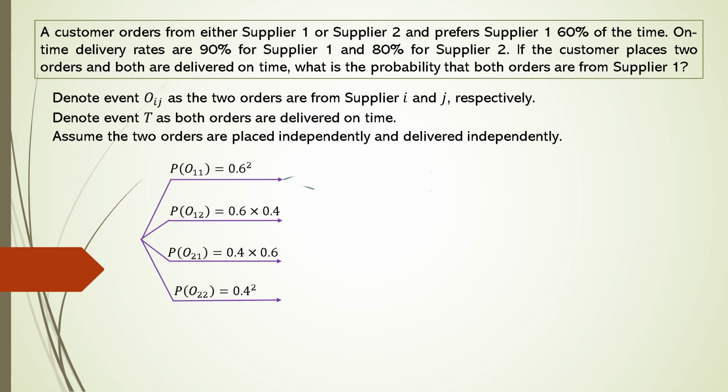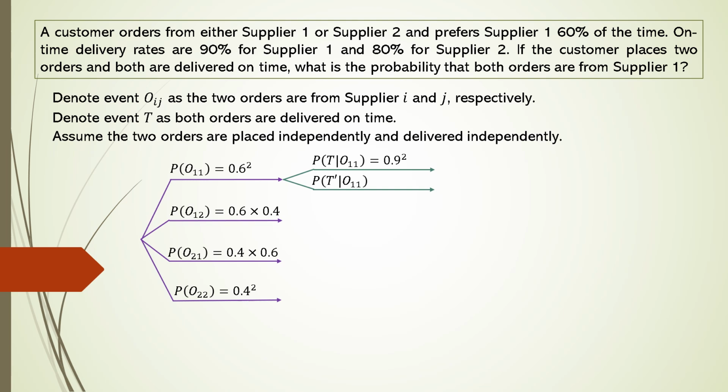So if we have both orders from supplier 1, what's the probability that both orders are delivered on time? If you have one order from supplier 1, the probability to have on-time delivery is 0.9.